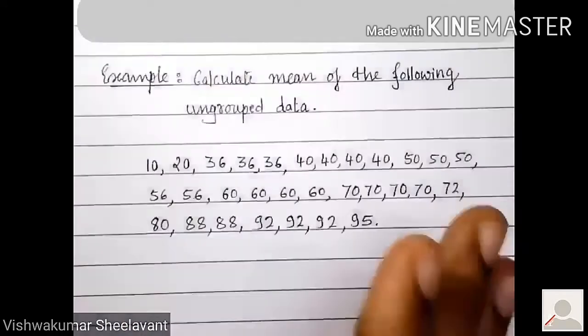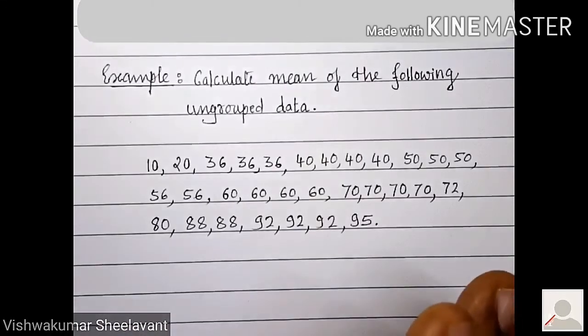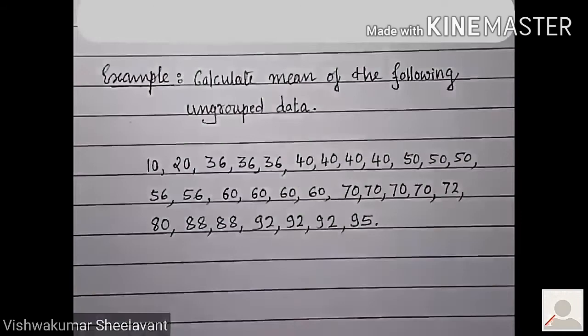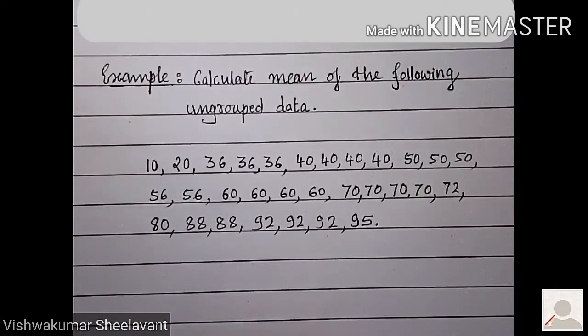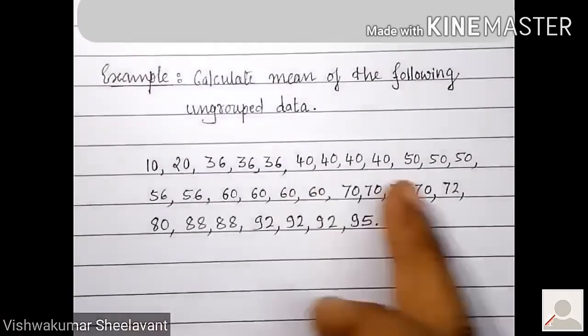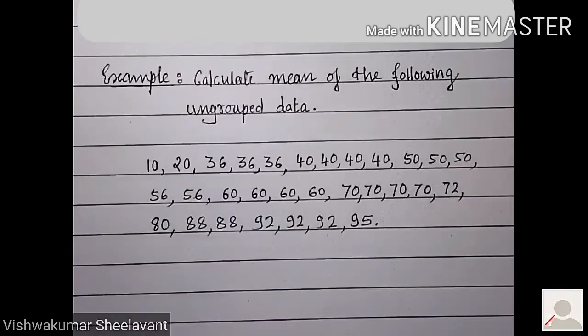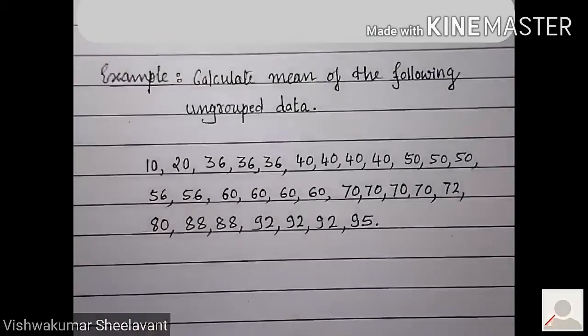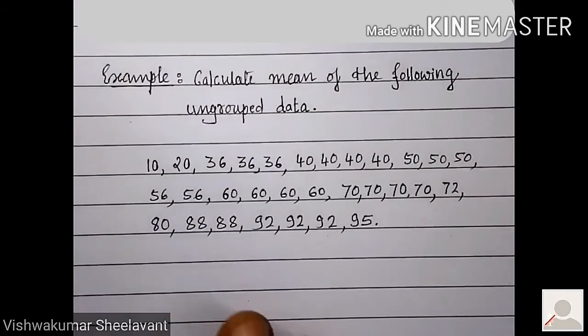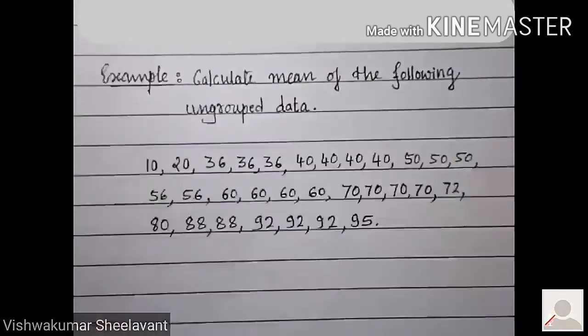Now you should not directly jump to the solution. First you have to check whether you have written all the marks or not. If you miss any one of the marks, then your solution will not be correct finally.